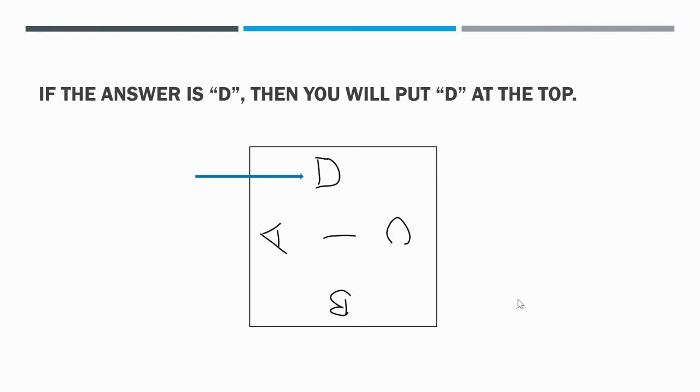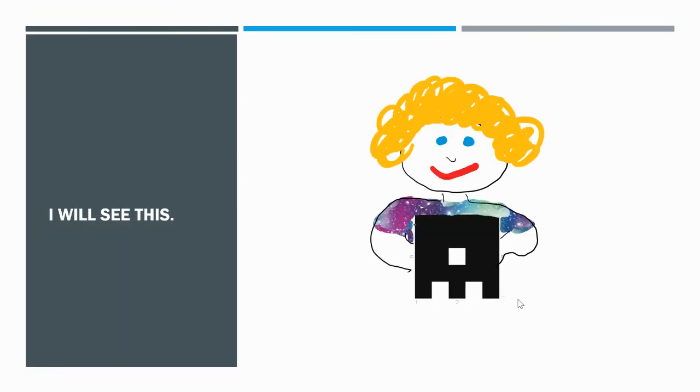If D is the correct answer, D would be at the top. You're going to show me the Minecraft image. So when I look at your beautiful face, or handsome face, I see this fancy schmancy Plickers card. While I'm looking at that, you're looking at this.